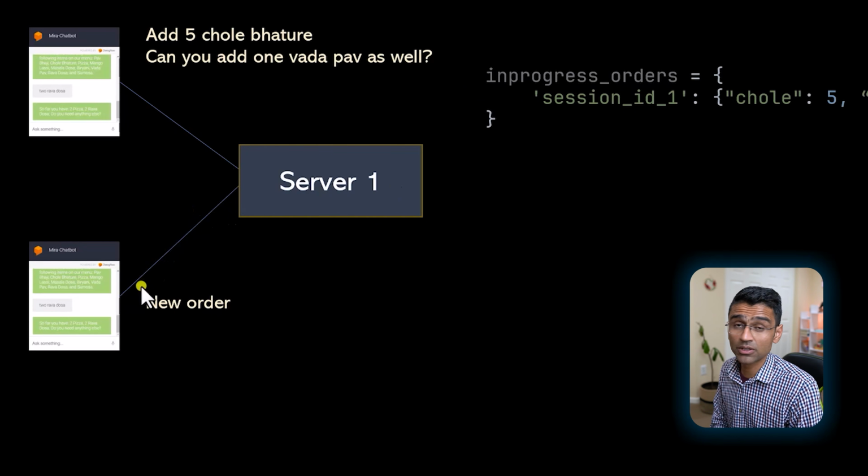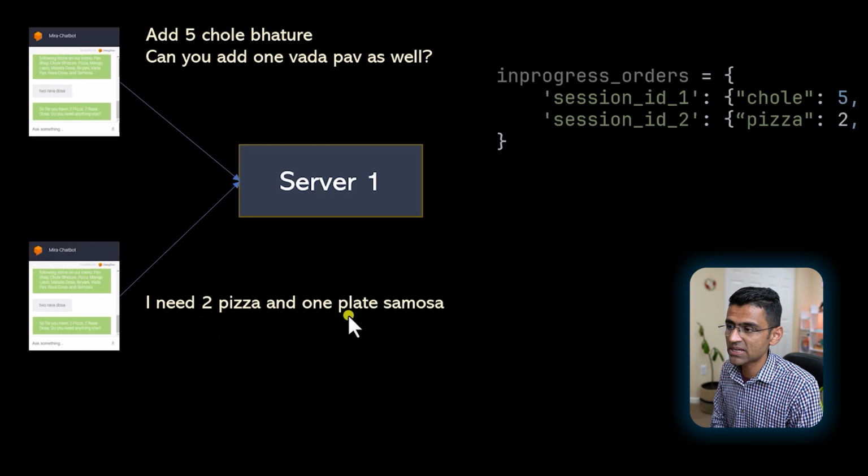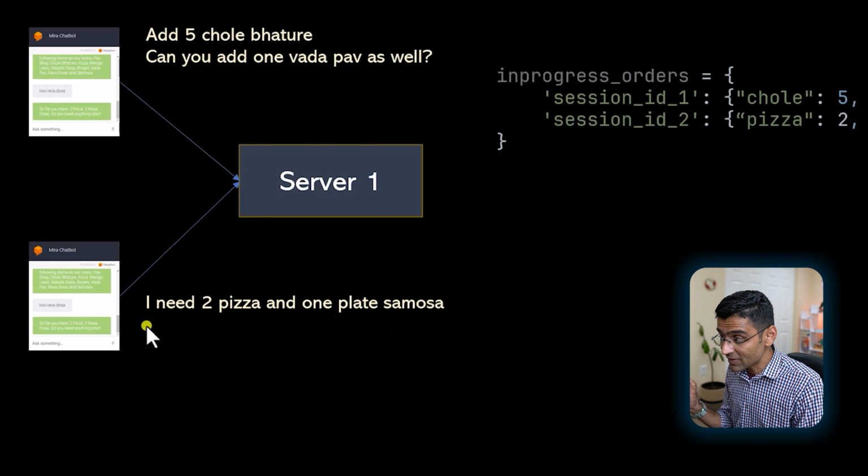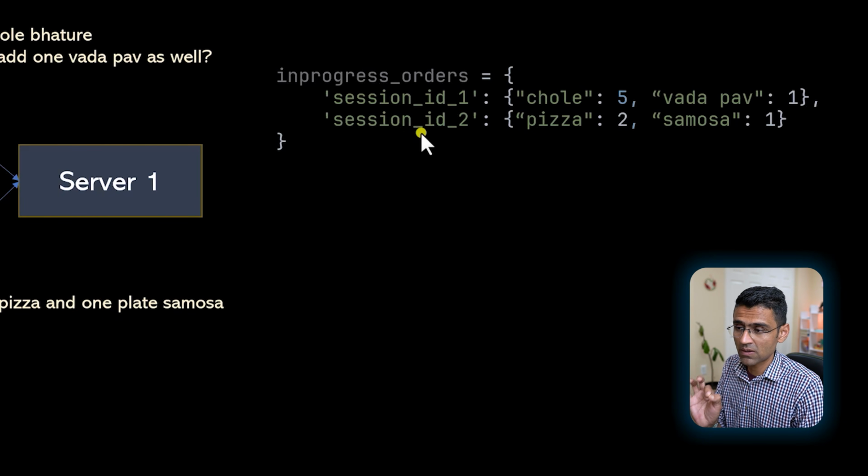At the same time, another person might start a chat and say new order. Now when they say new order, we don't need to do anything. But when they say I need 2 pizza and 1 plate samosa, we will add session ID 2 in our dictionary and we'll add 2 pizza and 1 samosa. So just pause this video and visualize this picture. Your understanding will be very, very clear.